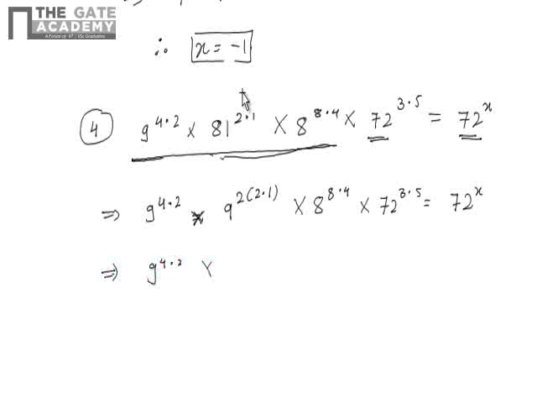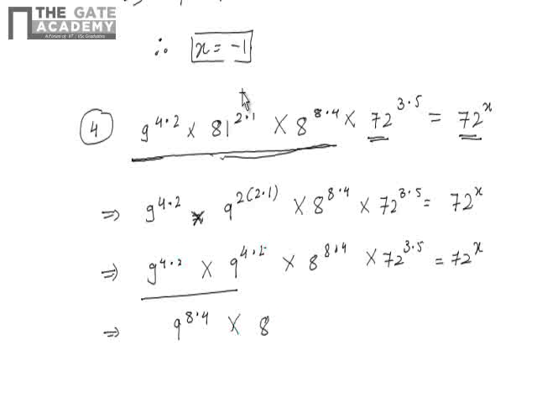Now this 9 raised to 2 raised to 2.1 you can easily multiply, that is 4.2. Now for these two we can simply write 9 raised to 8.4 because we can add 4.2. Now you can see we are reaching towards our solution.